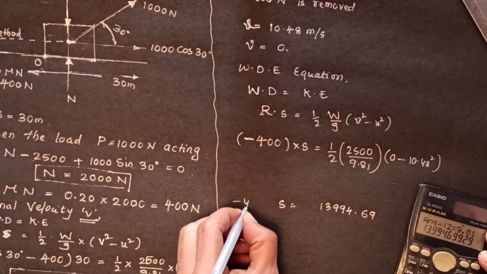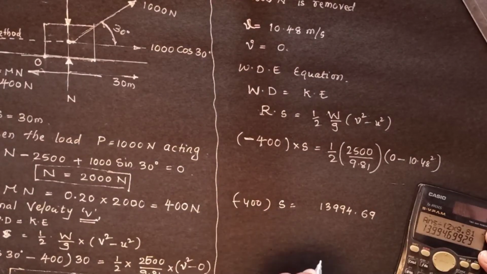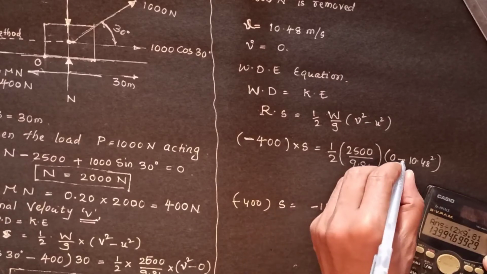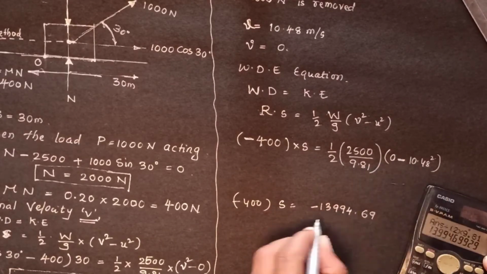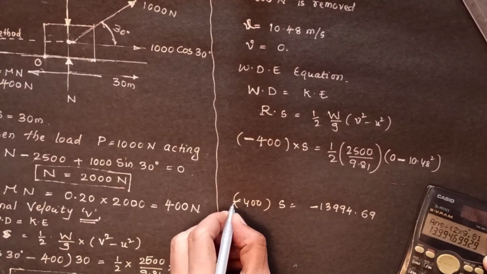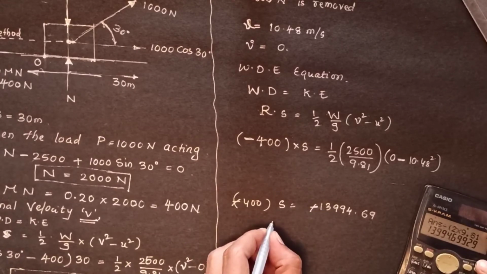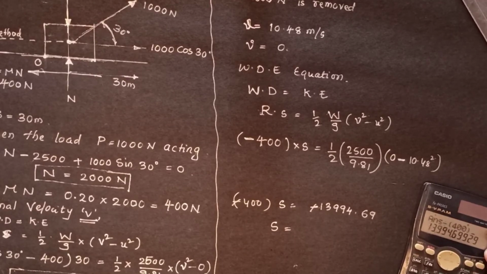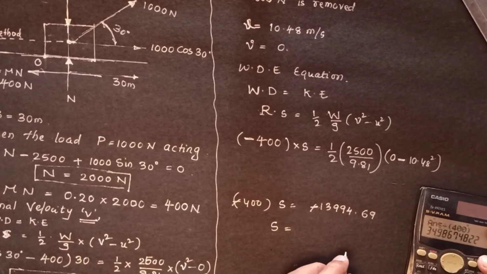Here it is minus 400 again. Since 0 minus this value is there, we get minus minus, and the minus signs cancel. So S is equal to this divided by 400.